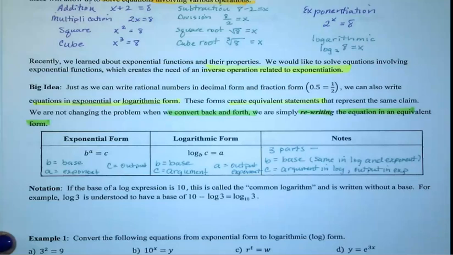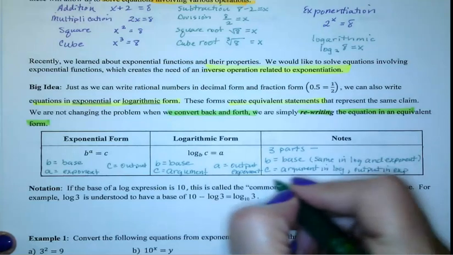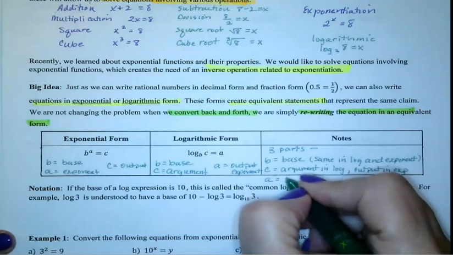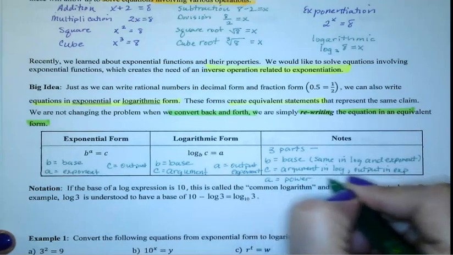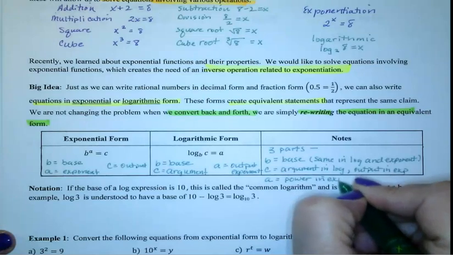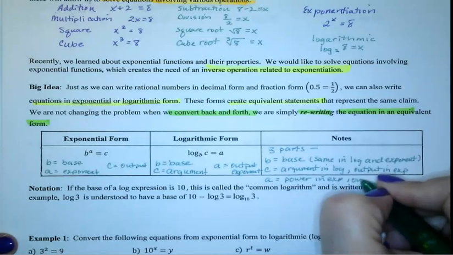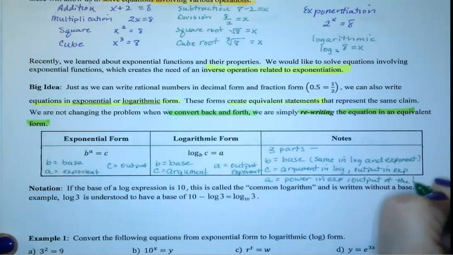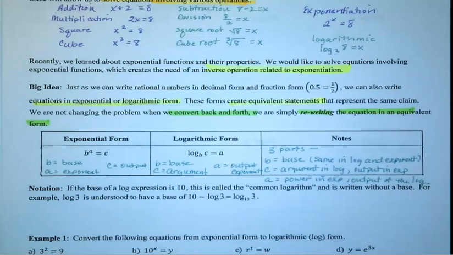And so we have our a, our b, and our c, and then the a is the power in the exponent, and the output of the log.